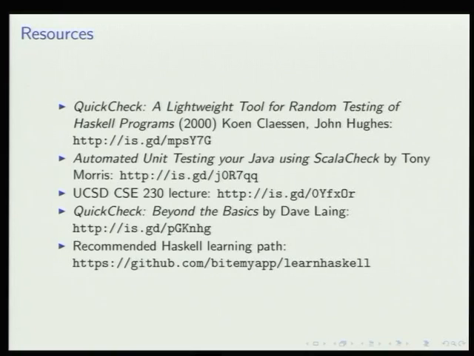There's a talk by my friend Dave Lane called QuickCheck Beyond the Basics, which shows you how to QuickCheck monadic or effectful code, so code that isn't pure in terms of just having one input and one output, but code that has some effect in an environment, and how to use QuickCheck to test effects in environments. And if you're interested in learning more about Haskell, this link on the GitHub there is a learning path that I would recommend.